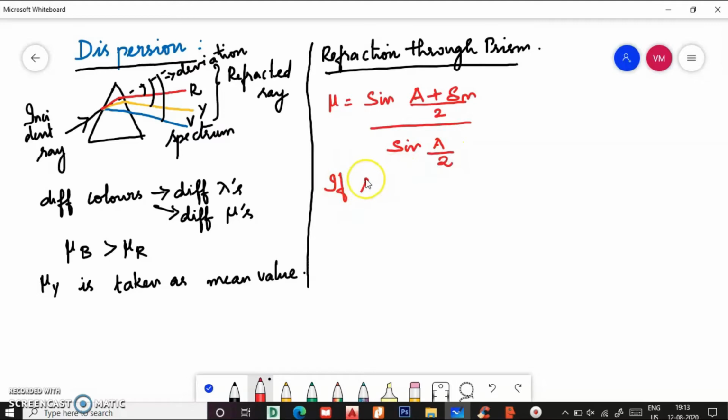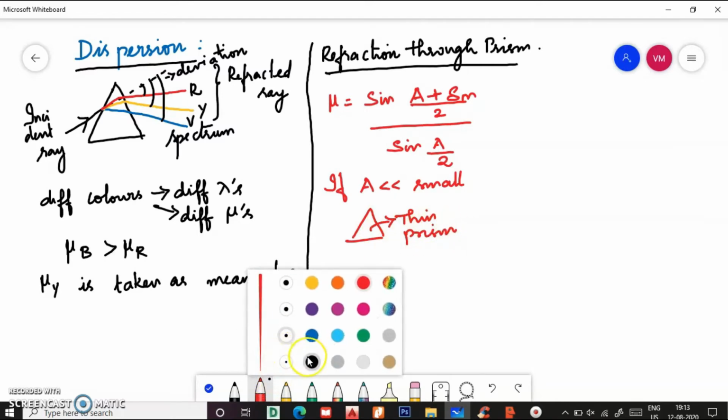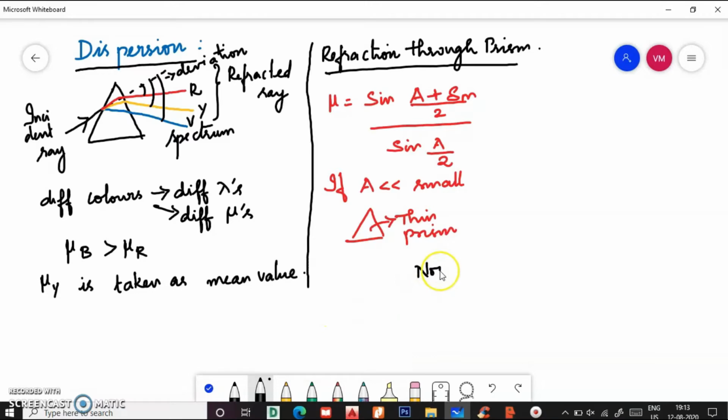If the angle of the prism is very small, then that prism is termed a thin prism. In this case, since it is smaller, the equation of refractive index can be reduced.